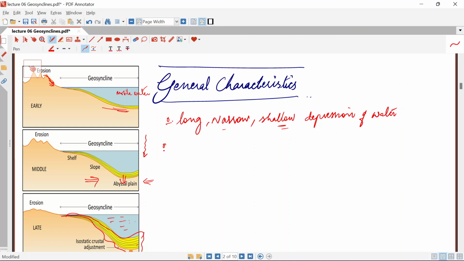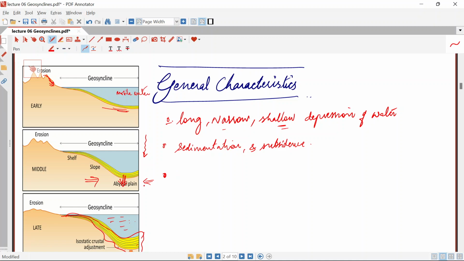And then the second thing is that it is characterized by sedimentation and gradual subsidence. There is sedimentation which is deposited, and there is a gradual subsidence, which means a gradual load acting there, and the subsidence takes place. This is the second characteristic.